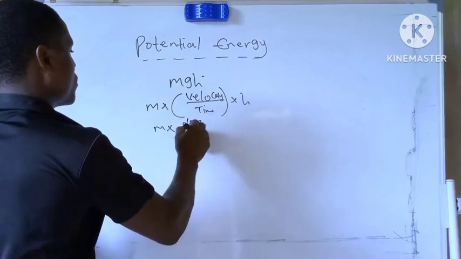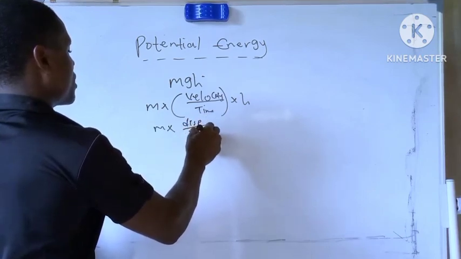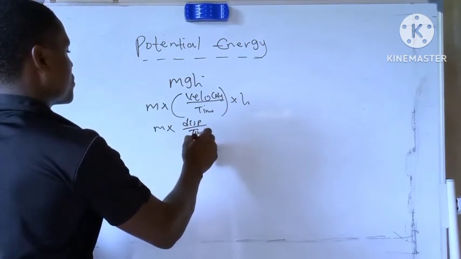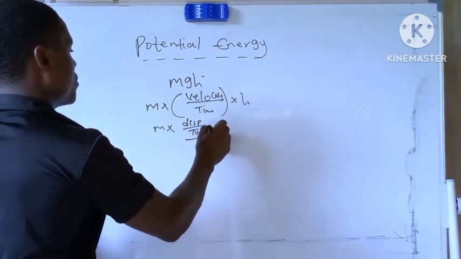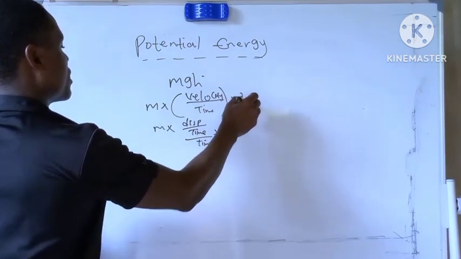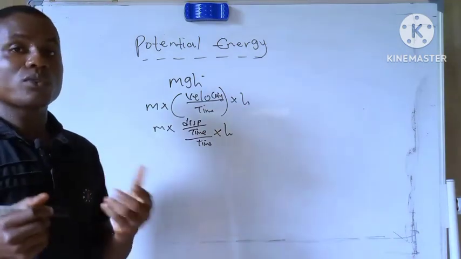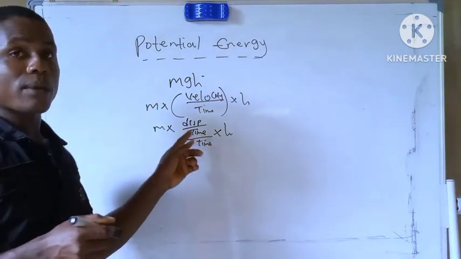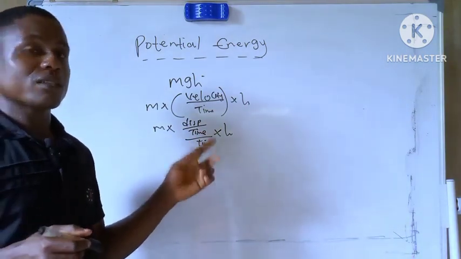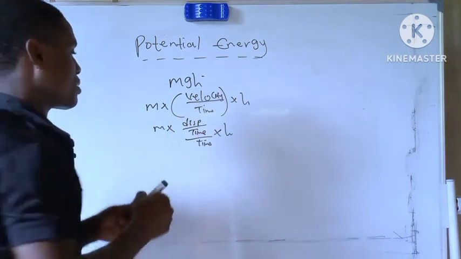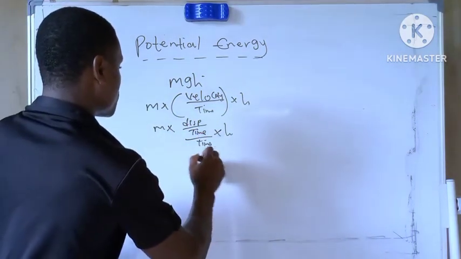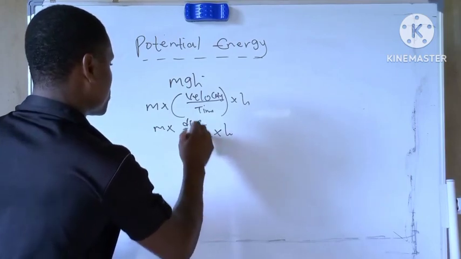Displacement all over time. And this time here, multiplied by the h here. So the next step to take is to multiply these two times together. Are you getting it? Let me break it down so you will understand. So here we have displacement, right?